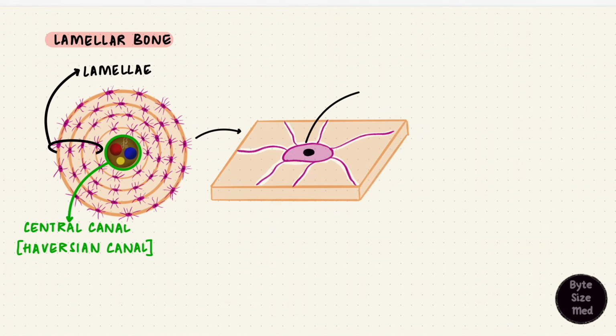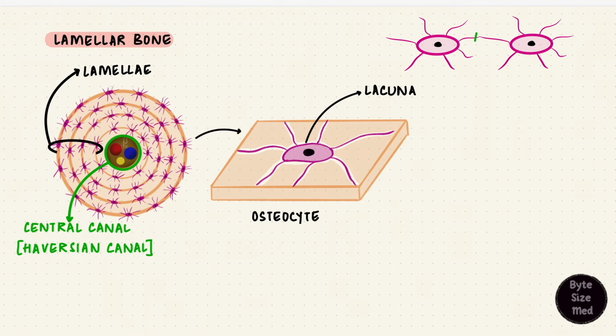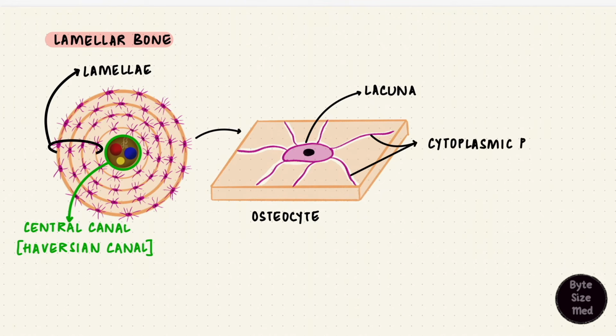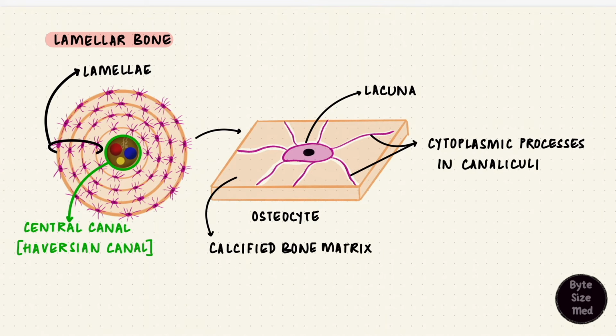There are thus spaces called lacunae in between the layers, and each lacuna has a single osteocyte. These osteocytes have cytoplasmic extensions, which connect one cell to another via gap junctions. These processes are located in canaliculi. The calcified matrix obviously doesn't allow diffusion to happen, so nutrition exchange happens between these cells and the extracellular fluid located in the lacunae and the canaliculi.